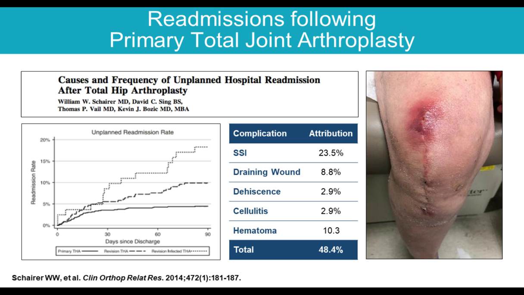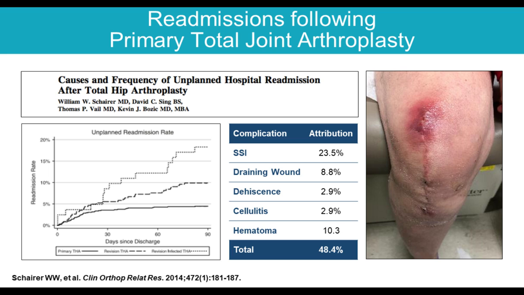This is another study published in 2014 from the University of California, San Francisco, looking at the 90-day unplanned readmissions after primary elective total hip replacement. And they found that when you looked at the rates of readmission for SSIs, draining wounds, wound dehiscence, cellulitis, and wound hematoma, and added those up, the surgical site was responsible for 48% of the unplanned readmissions.